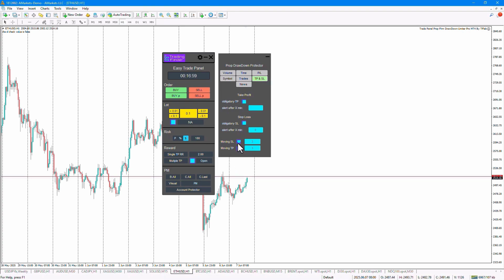By enabling the moving stop loss or SL option, the restriction section for moving the stop loss becomes active, where we can set a limit for moving the stop loss level. Similarly, by enabling the moving take profit or TP option, we can set a limit for moving the take profit level.